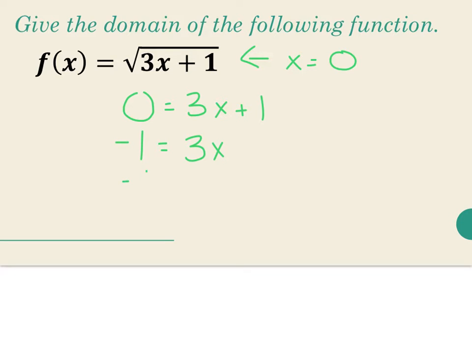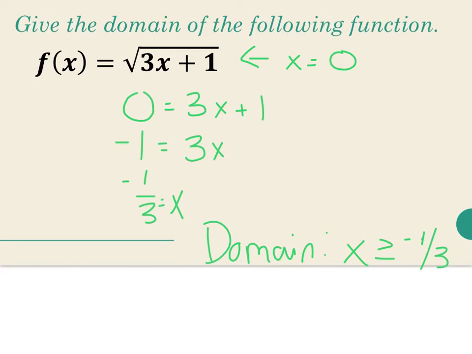I divide both sides by 3. So the smallest number that x can be is -3. So when this comes to domain, for our domain, x can be -3, but it would like to be greater than or equal to. Oops, I mean -1/3, not -3.